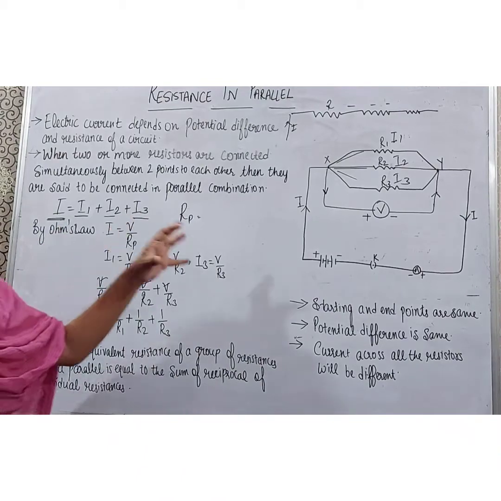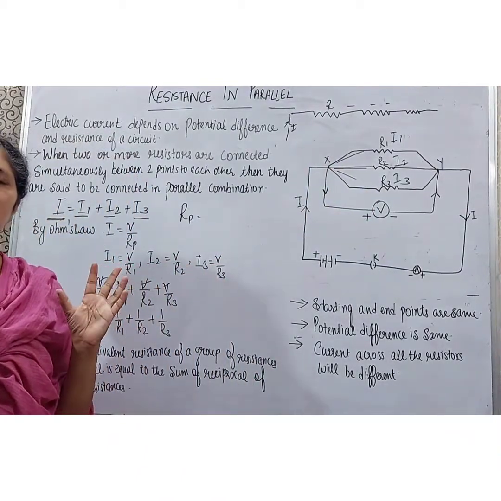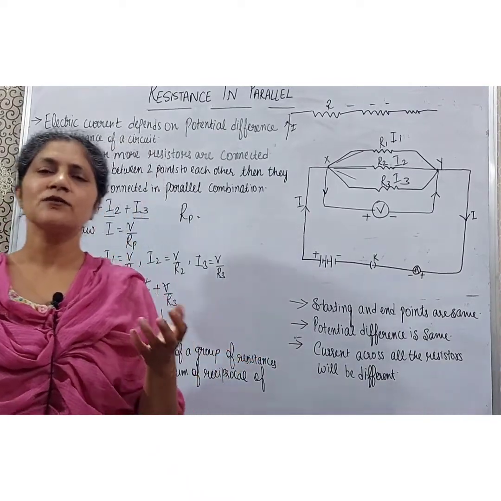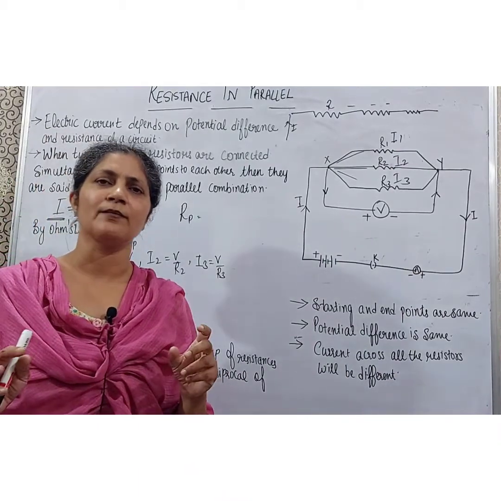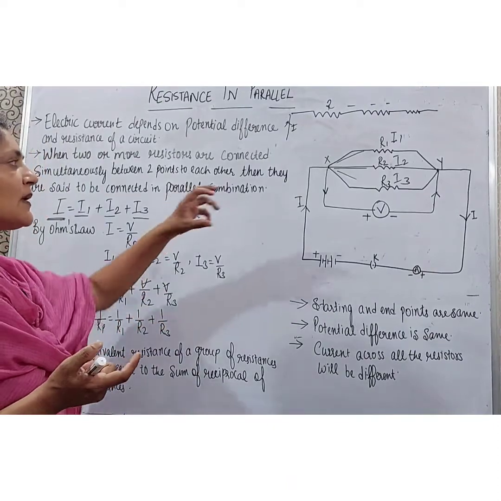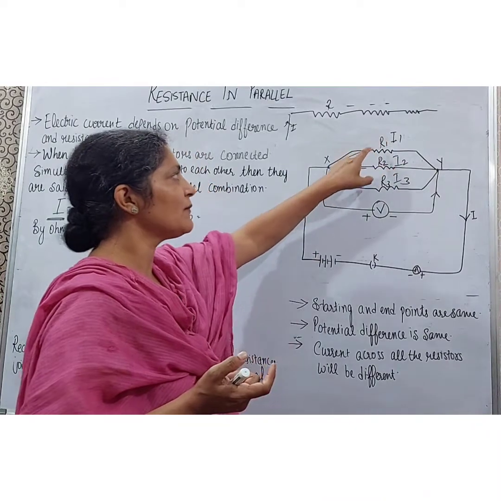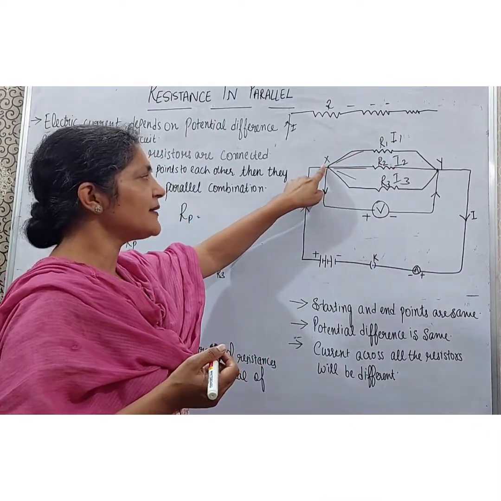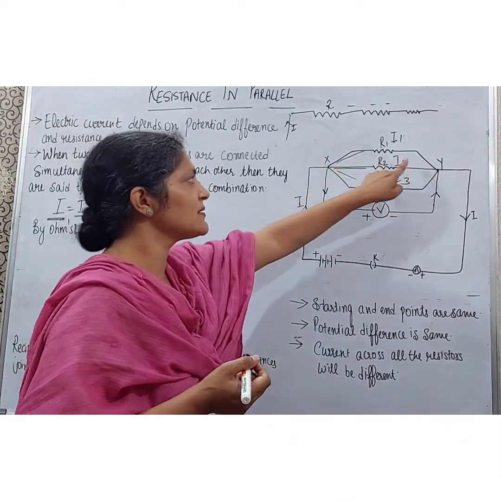Now students, we have talked about the electric current, which is different in all the resistors, but what about the potential difference? Students, the potential difference will remain the same. Why will the potential difference remain the same? Because here the starting and the end point of all the resistors is the same. The starting point is X and the end point is Y for all the resistors.